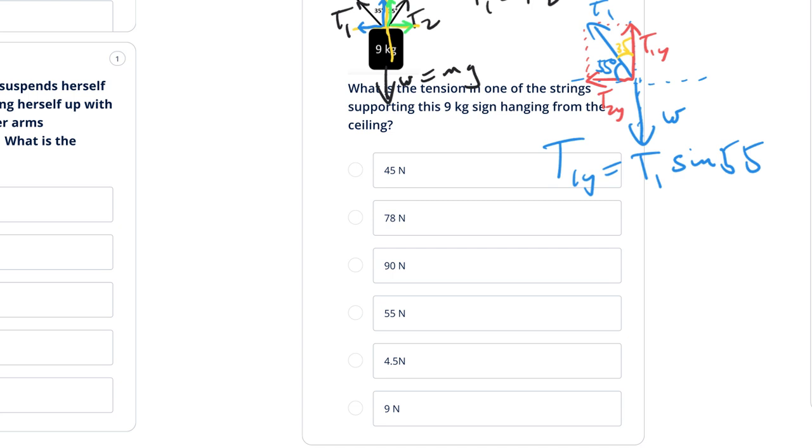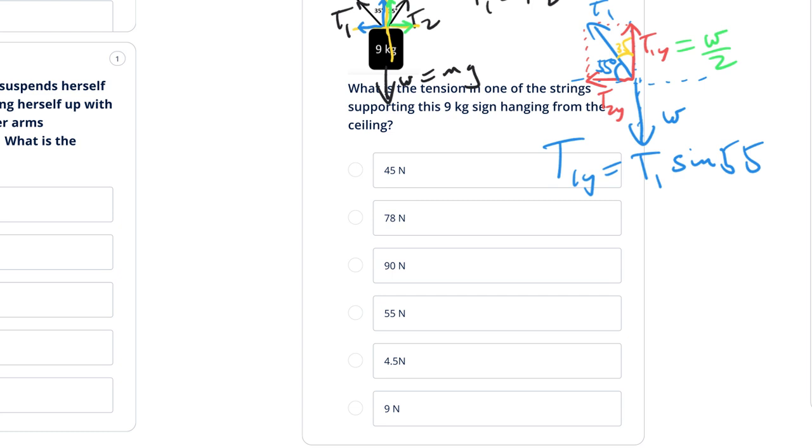So you should see now that T1y really is half the weight, because T1y and T2y both add up to equal the weight, and T1y has to equal T2y if the angles are the same.